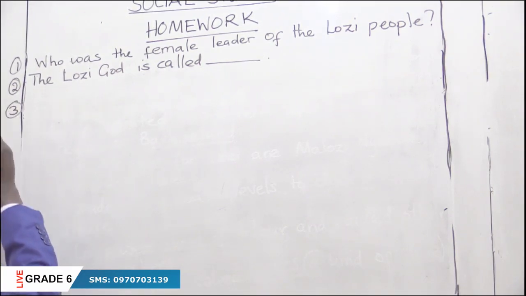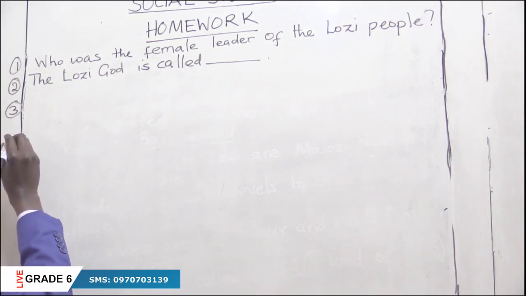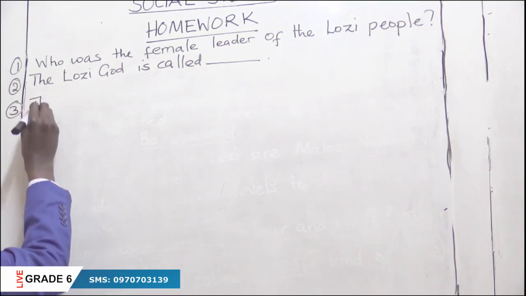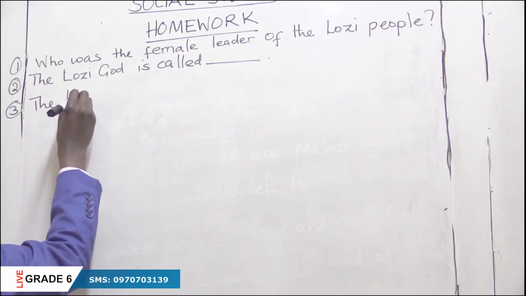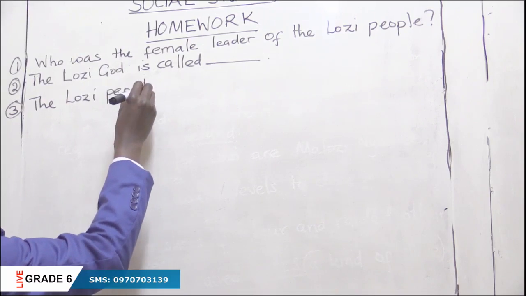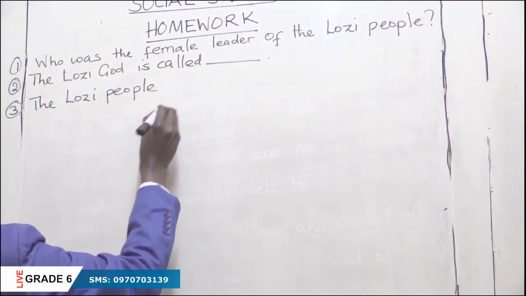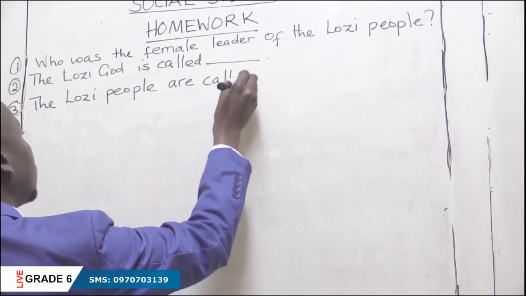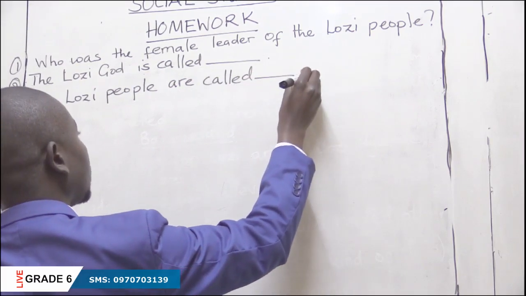Number 3: The Lozi people are called Dash.